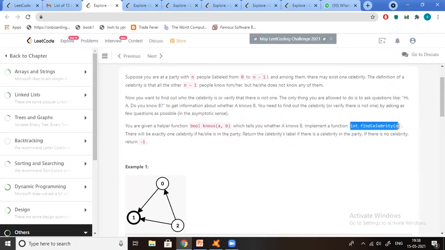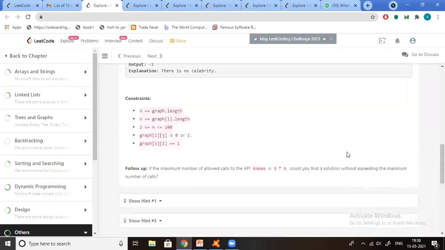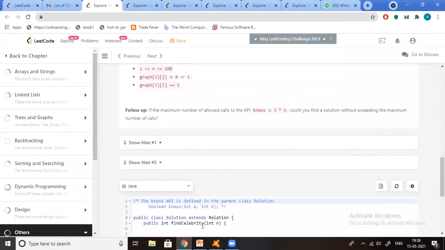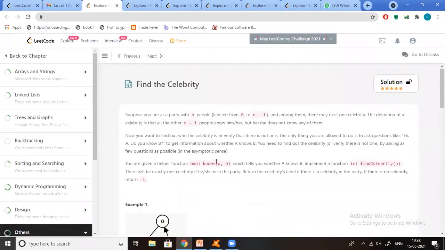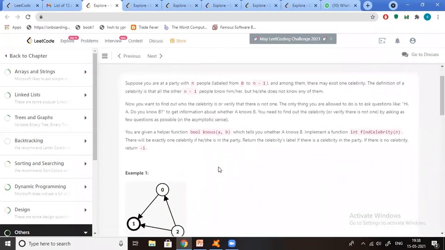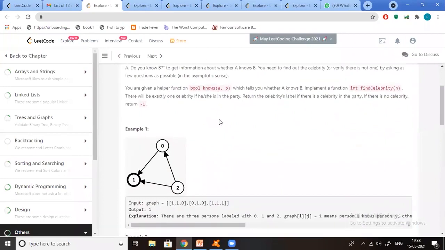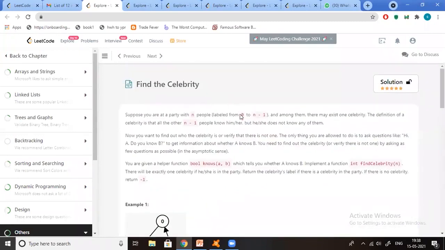The function which has been given to us is int findCelebrity(int n). We can use this knows API, where we have to tell whether A knows B or not. If a celebrity exists, you have to return that numbered celebrity, because the celebrities are numbered from 0 to n minus 1.